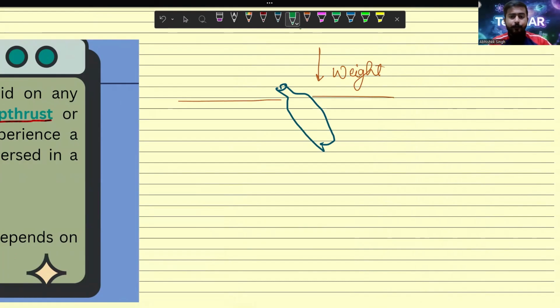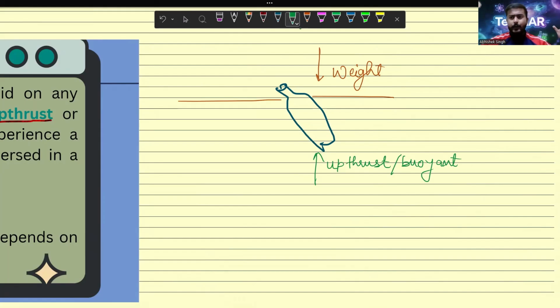There is some upward force acting on this bottle, and that force is called upthrust, or you can also call it buoyant force. So both of them act in opposite directions.